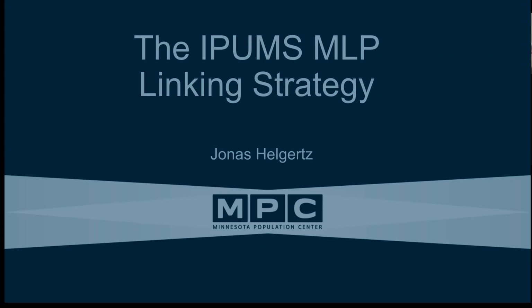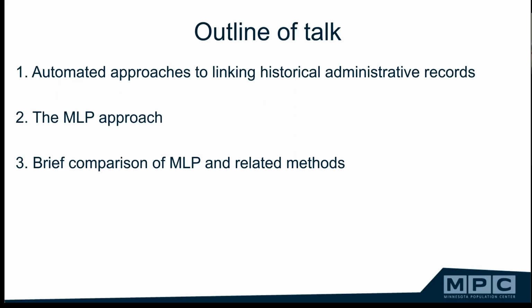So I will start with a very short outline or summary of existing automated approaches to linking historical administrative records, basically outlining some fundamental differences between certain methods and providing you with the fundamental information that you need in order to better understand what it is that we have tried to do and how that differs from other approaches that are out there.